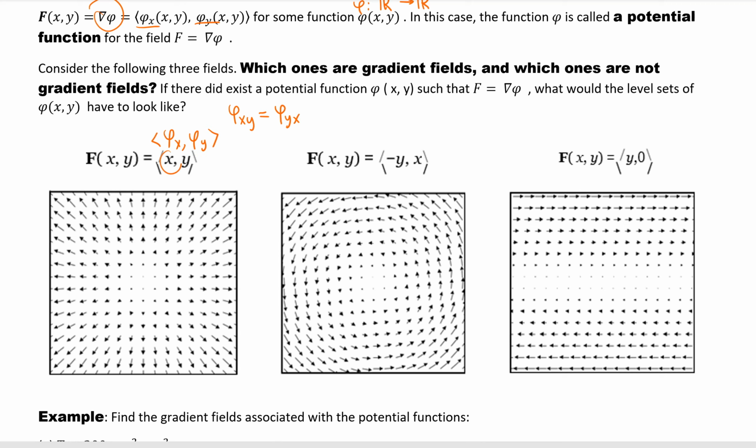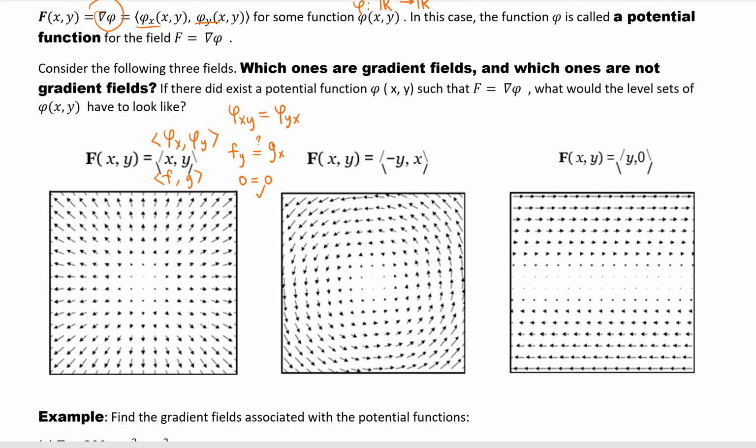We look at the first field. Let's call this F and this G, so in general this is a vector field, right? We want to check whether the derivative of F with respect to y equals the derivative of G with respect to x. In this case, F is x. Taking the derivative with respect to y gives 0. And G is y. Taking the derivative with respect to x gives 0.